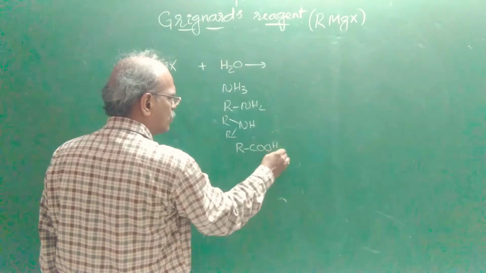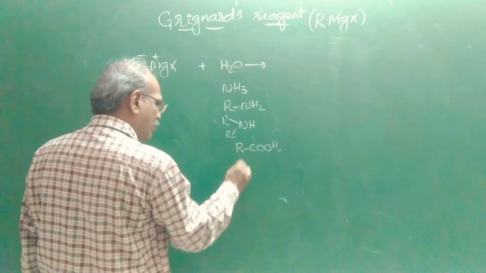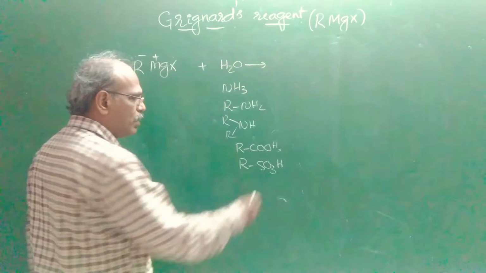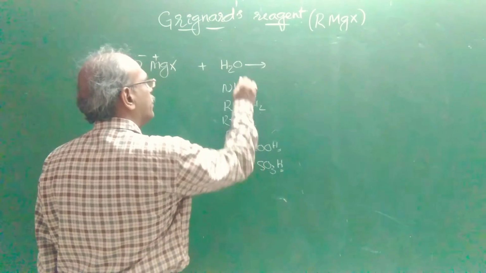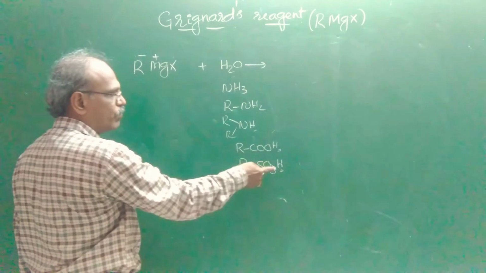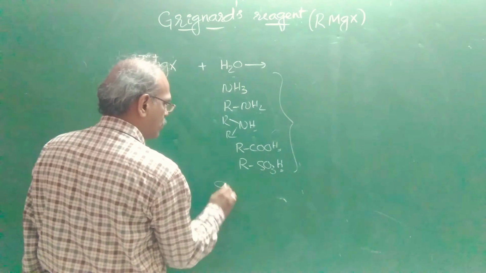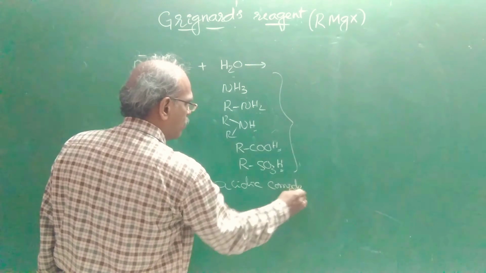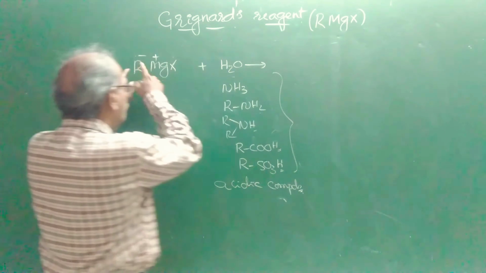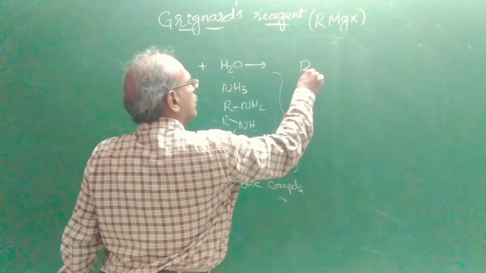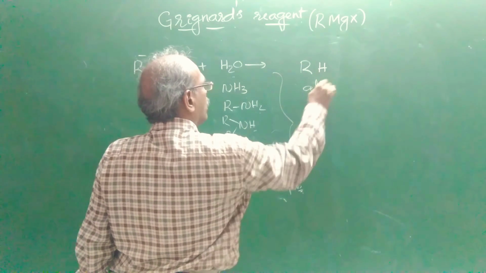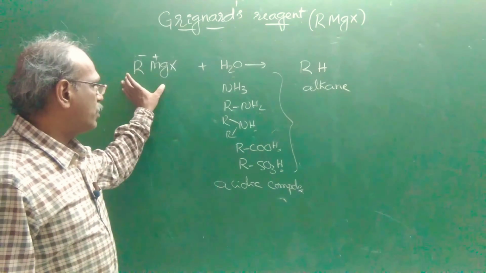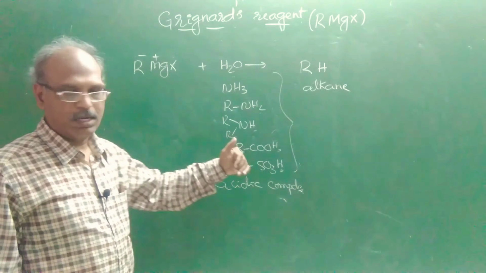All these compounds have acidic hydrogen, or even sulfonic acids, SO3H. Because of the acidic hydrogen, this R minus reacts with that H plus. These are acidic compounds; they can give up a proton. So R minus with that H plus gives RH, an alkane. This is the behavior of Grignard's reagent towards acidic compounds.